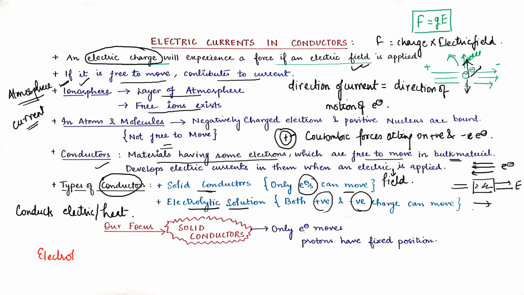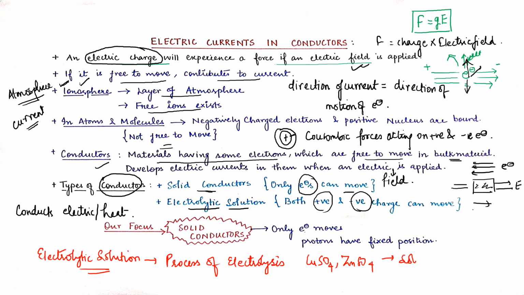Electrolytic solutions are made by the process of electrolysis. What exactly happens if we have CuSO4 or zinc sulfate and we dissolve them?